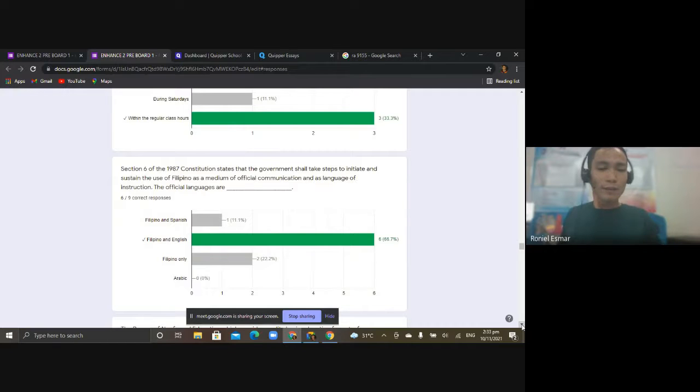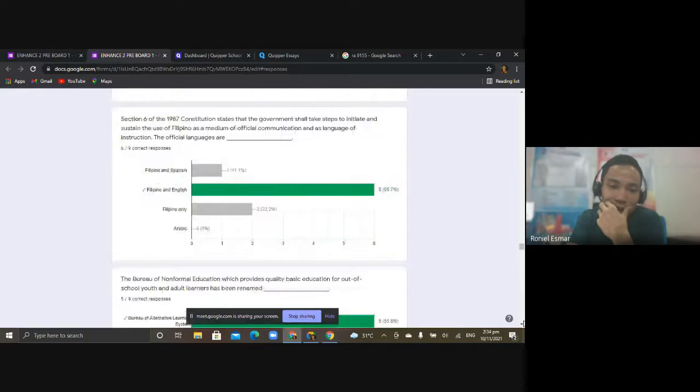For those who answered Filipino only, just from the grammatical structure of the statement above, it says the official languages are, plural. If the answer were Filipino only, the statement should say the official language is. So it can be answered by common sense. Nobody answered Arabic. So the correct answer is Filipino and English.